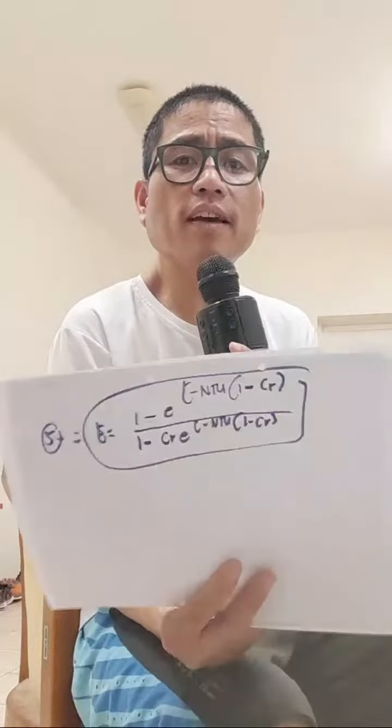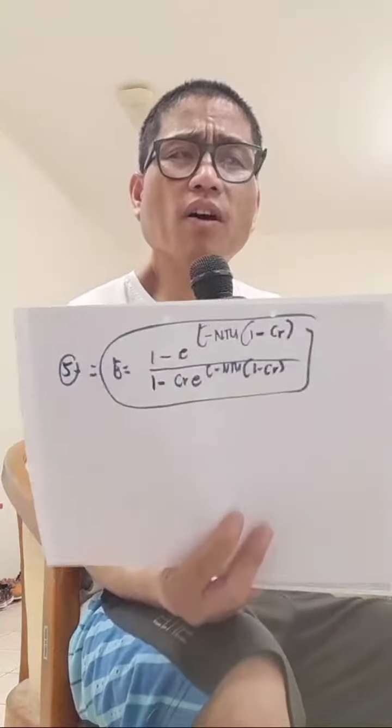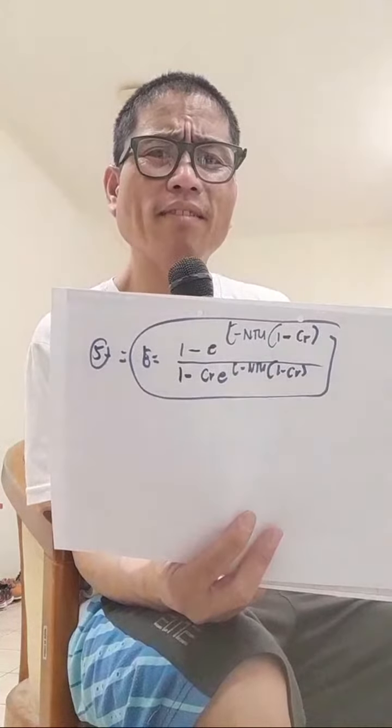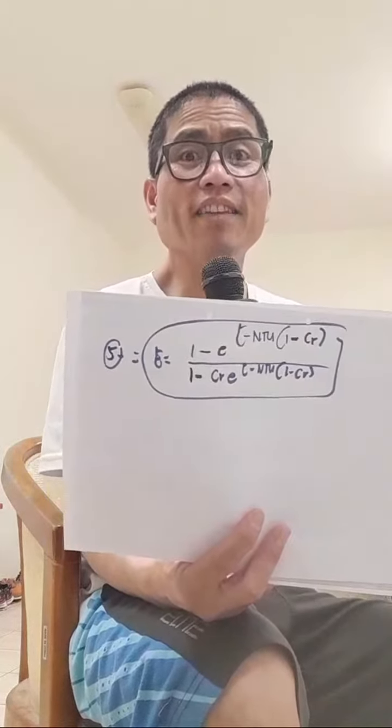So over 1 minus CR times the exponential of negative the number of heat transfer units, again times 1 minus CR. So this is going to be our formula. Take note, guys, you can memorize this easily because it involves an exponent, and then there's 1, and then 1 minus something.